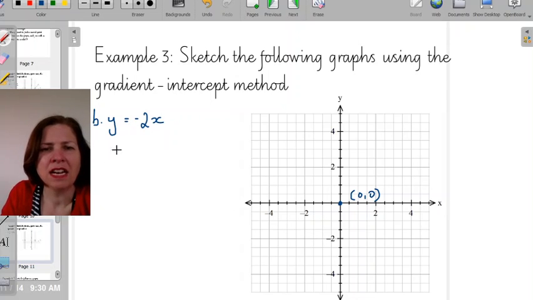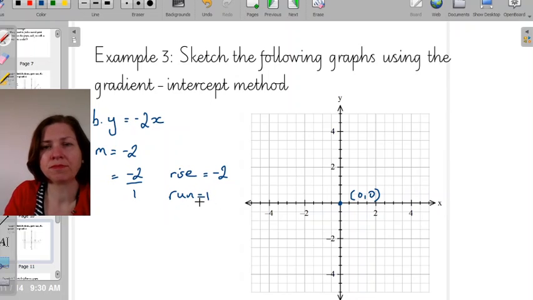Okay, and then my gradient is -2, which I can rewrite as -2/1. So my rise is going to be -2. I'm going down. And my run is going to be 1. So I'm going to go down 2, 1, 2, and across 1.